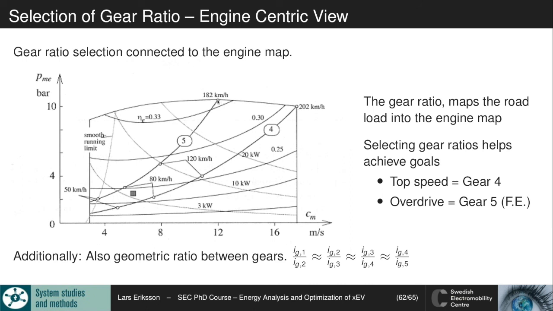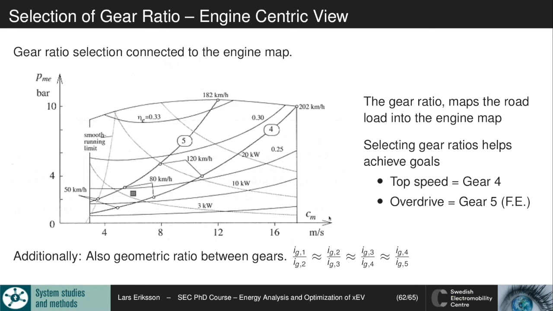And here with gear 5, we hit the torque limit before we come up to the maximum power point. So the torque is the limiting factor here, while we're hitting the sweet spot in terms of power for gear number 4. That's why gear number 4 is usually used for top speed and for hill climbing or other things.